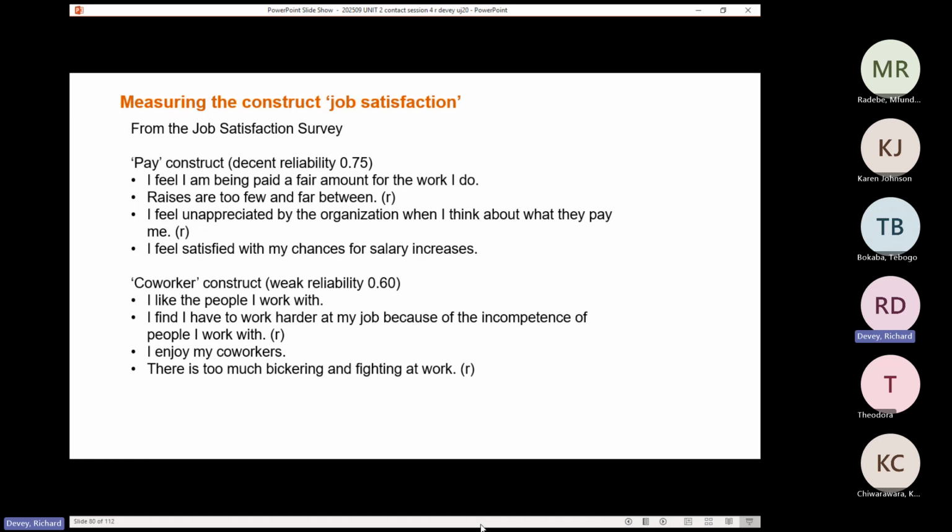So the reason why this might not be giving a good reliability is, first of all, you could question whether all the statements are giving a useful representation of the idea of co-workers and the role that they play in your job satisfaction. The first question, I like the people I work with, is something that people might say in conversation. So that's probably a good statement. And also, I enjoy my co-workers. I think those two statements are closely related to each other. So they would give a good representation of co-workers.